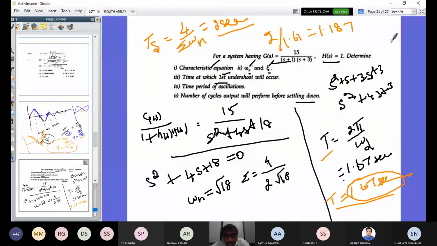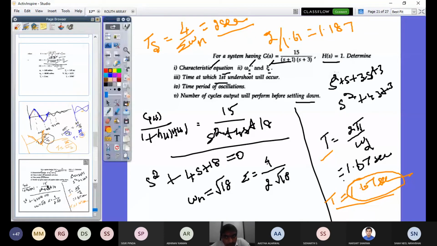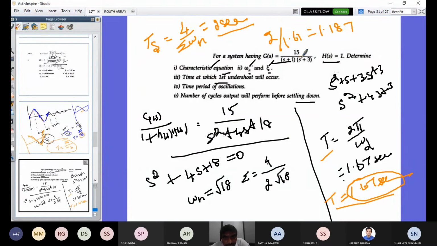So before the system settles down it completes 1.187 cycles. This is the way settling time is calculated. If you divide the settling time TS by the time period of one cycle, we can get the number of cycles repeated before the system settles down.